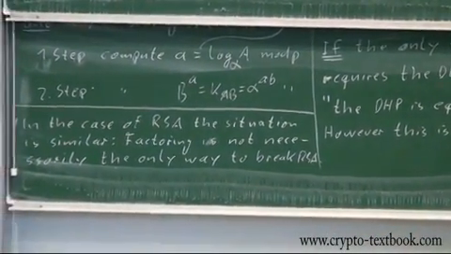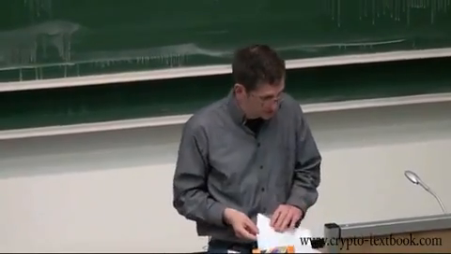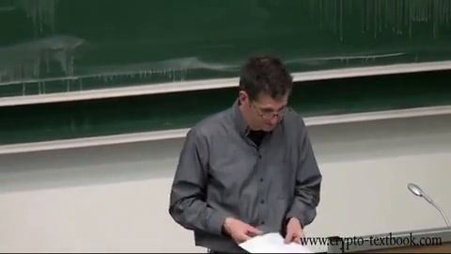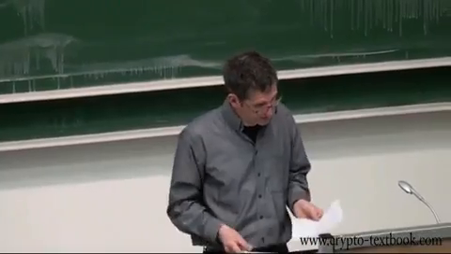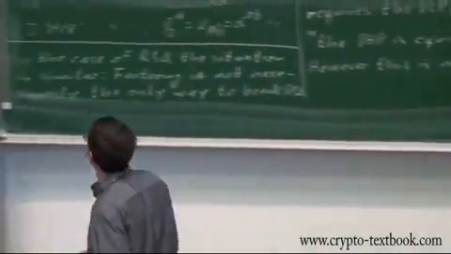It's just the best thing we know today. That's why people talk about factoring. And actually there are a few big prominent crypto people and number theorists who say, well, there should be a better way. Gut.